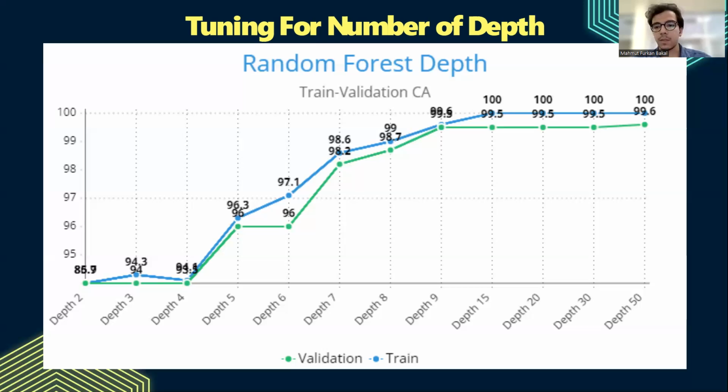When we increase our depth value, our model is going to memorize the values. I think when we increase the depth value, the random forest uses decision trees also. 20, 25, okay.